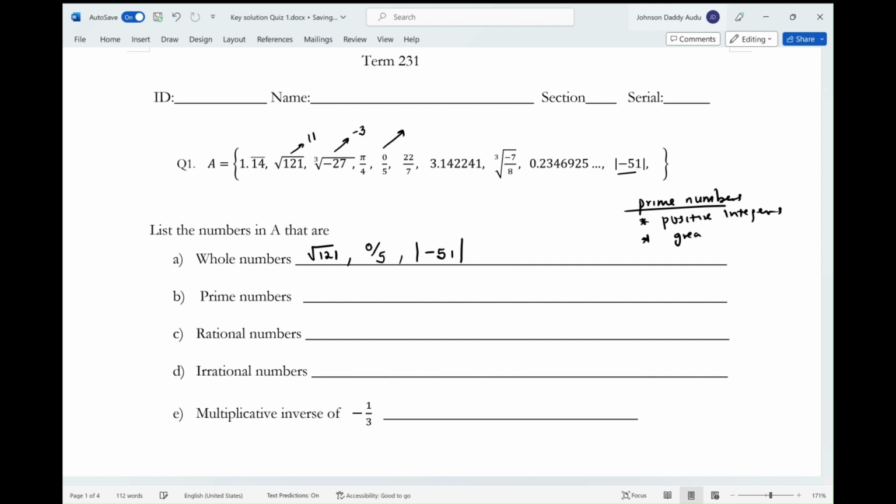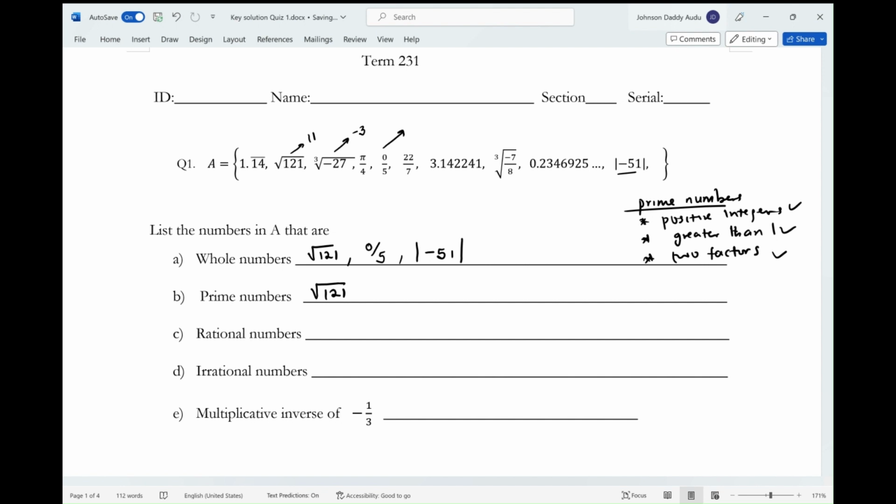So it must be greater than 1 and also has only two factors, itself and 1. Now, root of 121 is a prime number because the root of 121 is 11. 11 is a prime number, a positive integer. It is greater than 1 and it has only two factors.